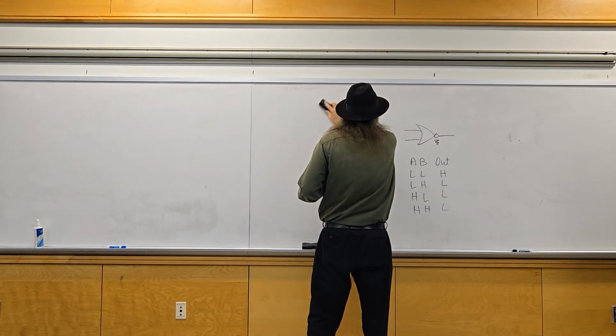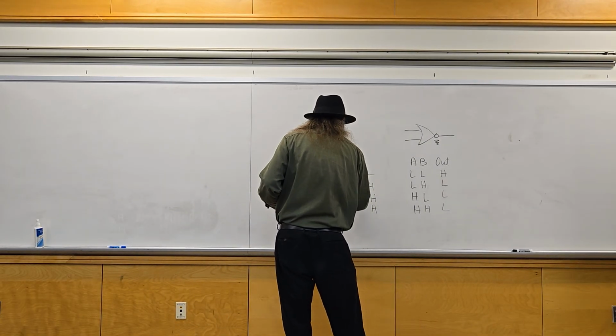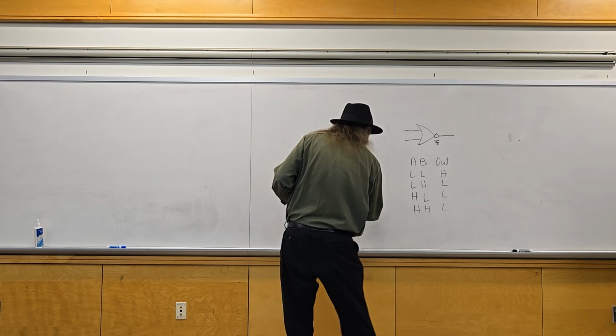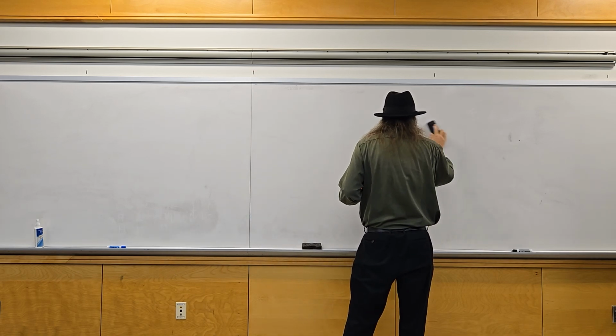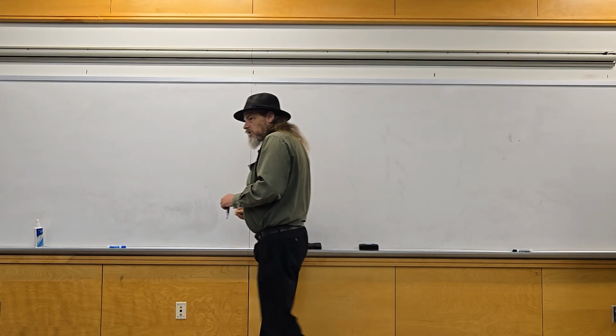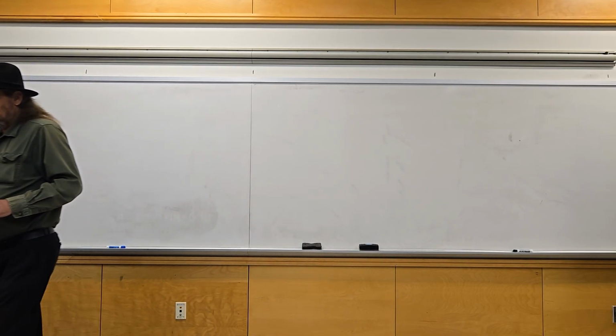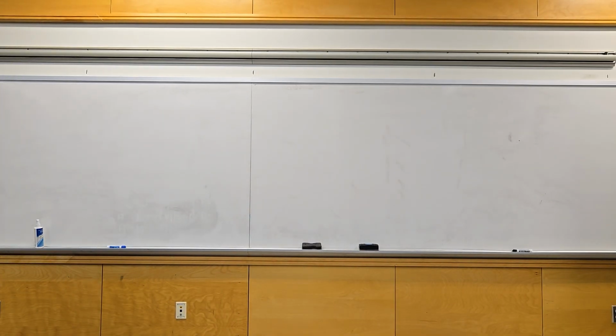Now, the third question was to create a schematic diagram for the expression out equals the quantity A and B plus B naught C. So you do the order of operations.